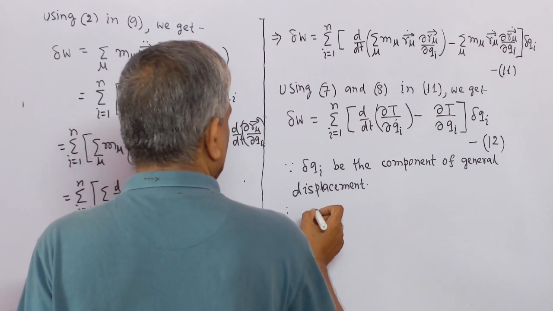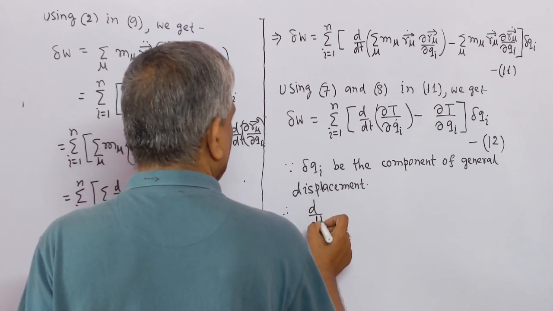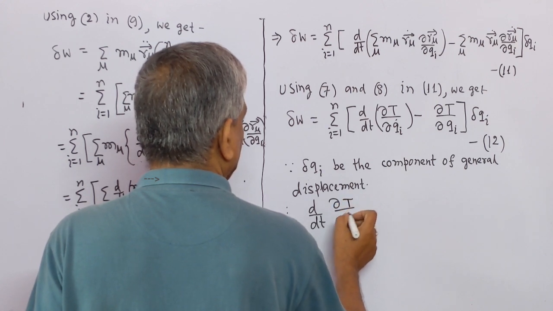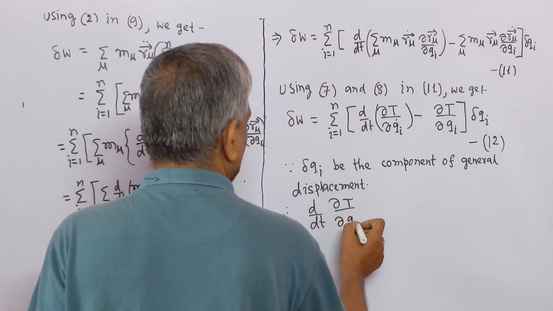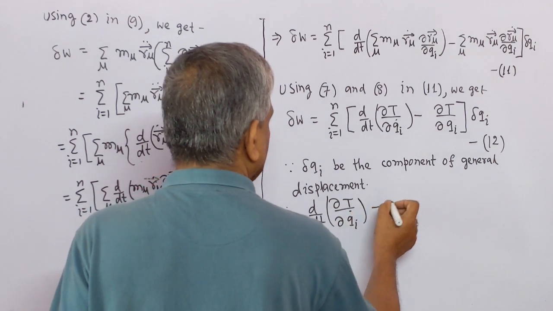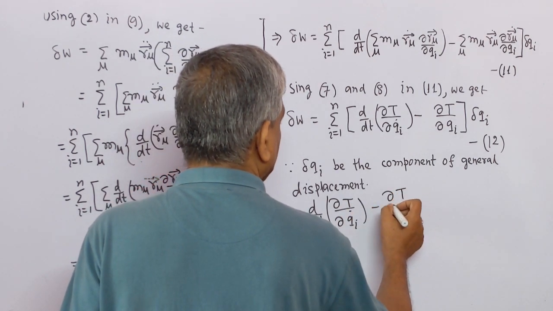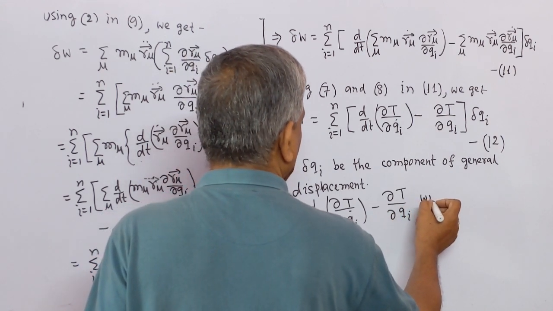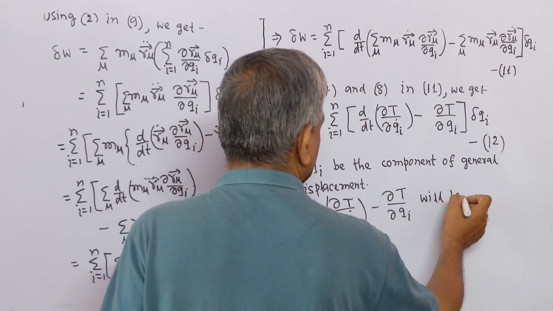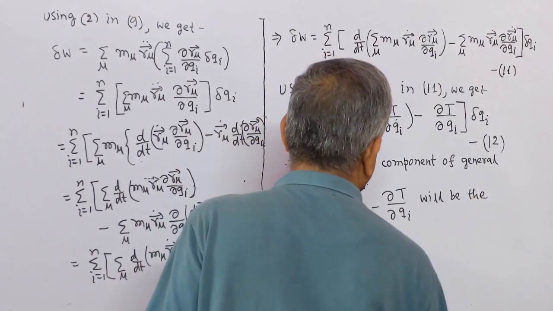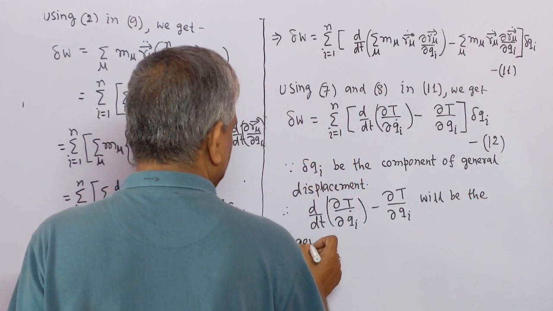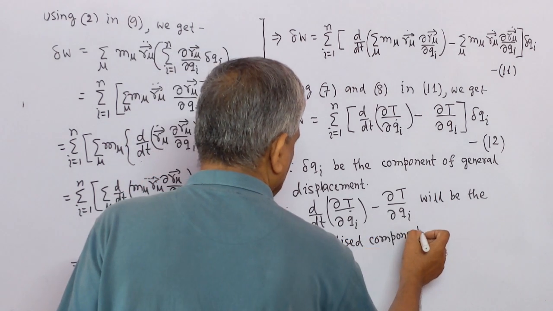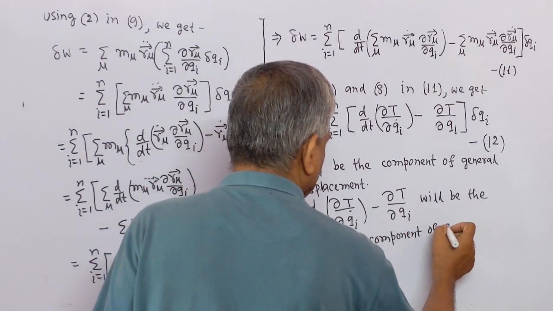Therefore, d by dt partial derivative of t with respect to qi dot minus partial derivative of t with respect to qi will be the generalized component of effective force.